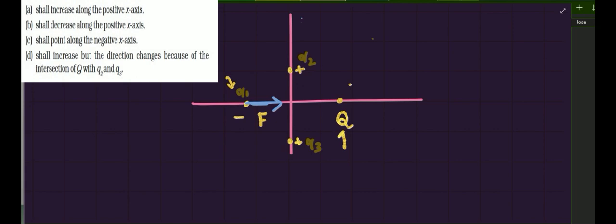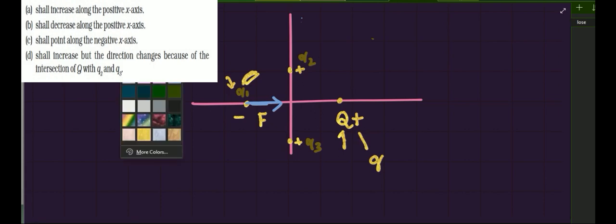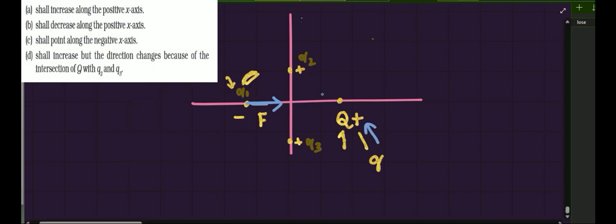Because they're opposite in nature. We have established Q1 as a negative charge. We've already done this exercise, and Q is positive. So what will happen? The force experienced by the Q1 charge will go up towards the positive x-axis. So our answer is Q1 will experience a further attractive force towards the positive x-axis due to introduction of the positive charge Q. This is the way we need to approach.